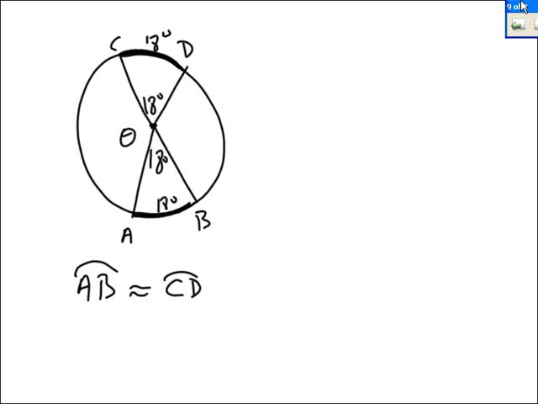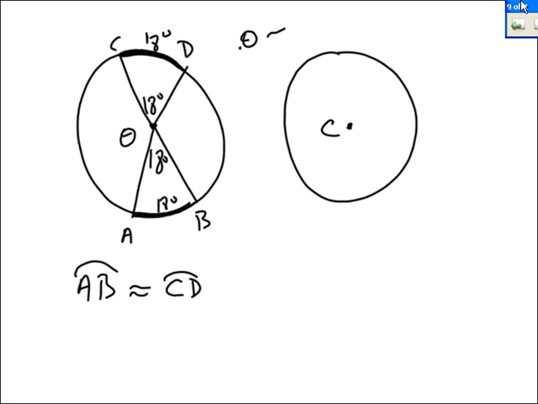Now, there's another way two arcs can be congruent. If you have a congruent circle, call it circle C. Circle O is congruent to circle C. I'm telling you they're congruent.